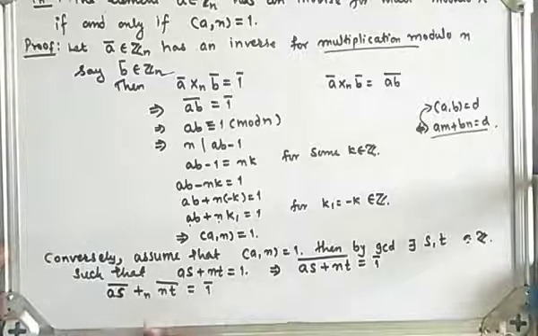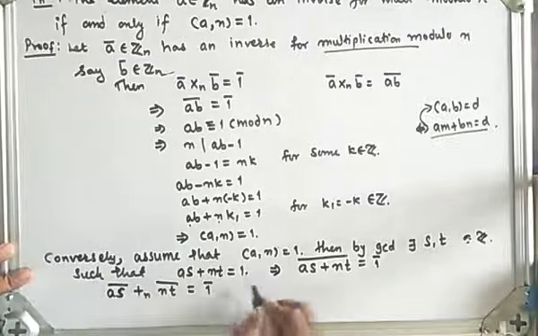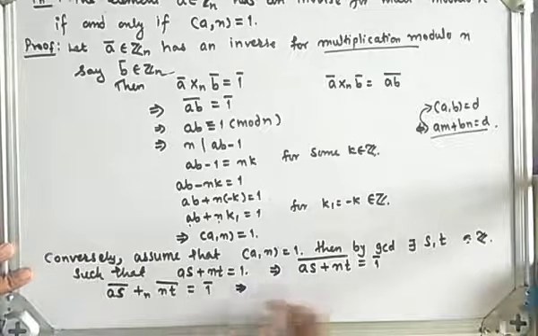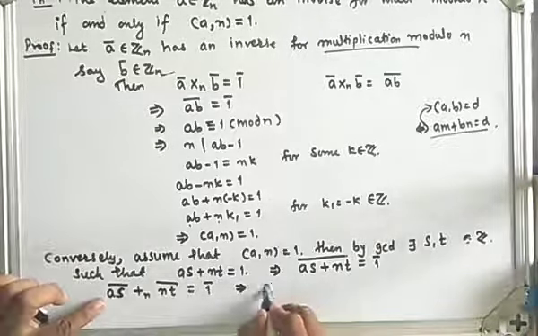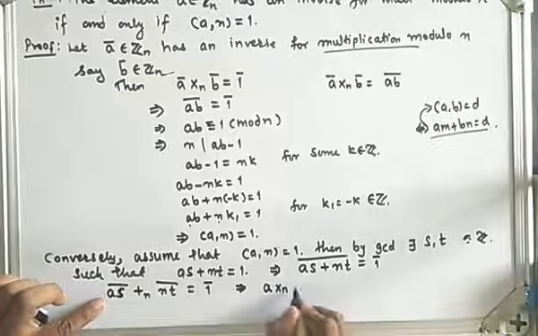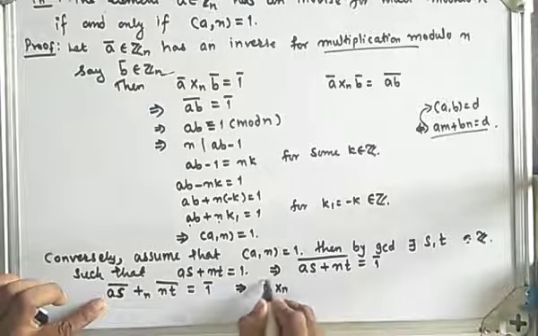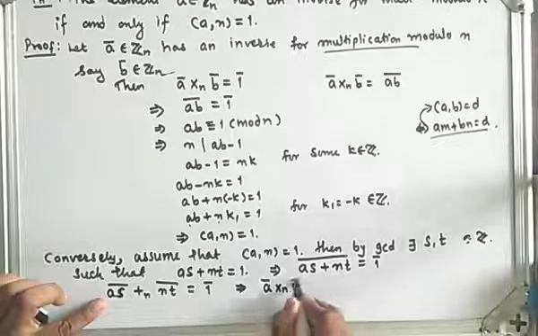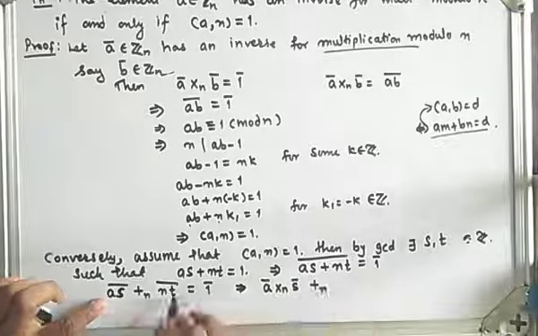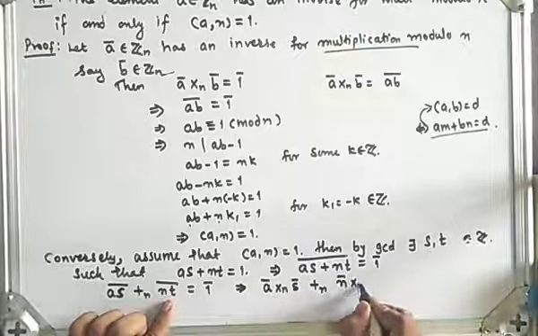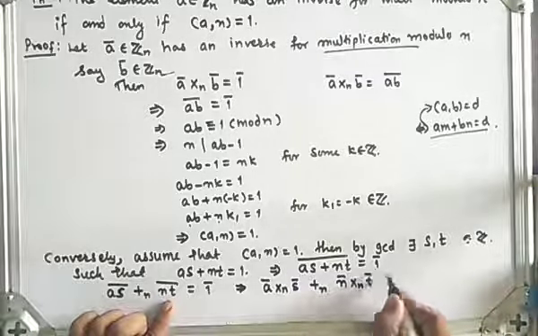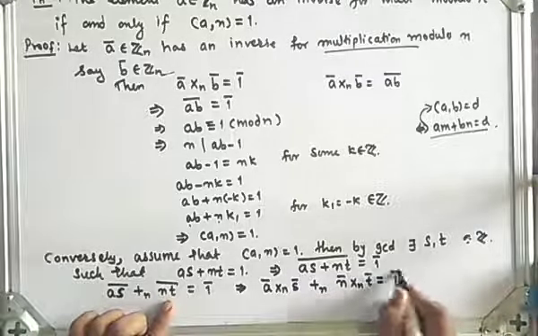If I separate this, this is the product. So here is multiplication modulo n: a bar multiplication modulo n s bar, addition modulo n, and here n bar multiplication modulo n t bar is equal to 1 bar.